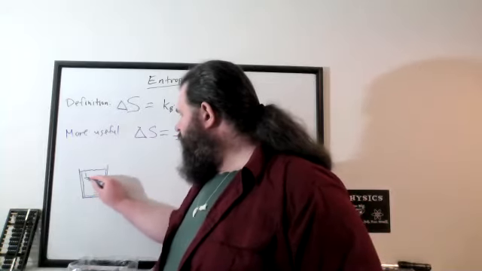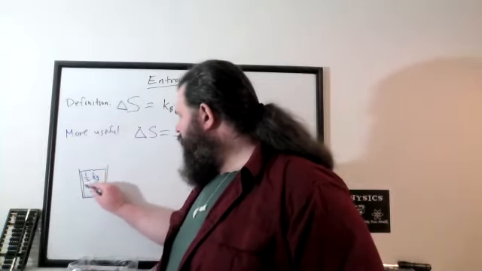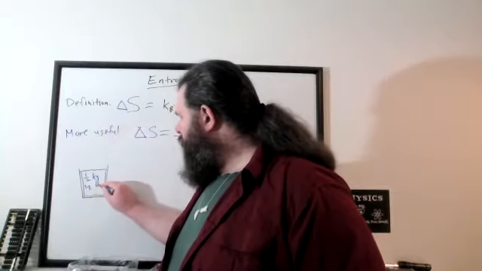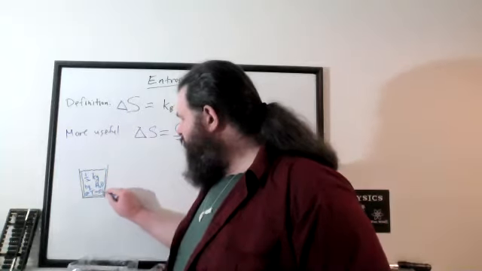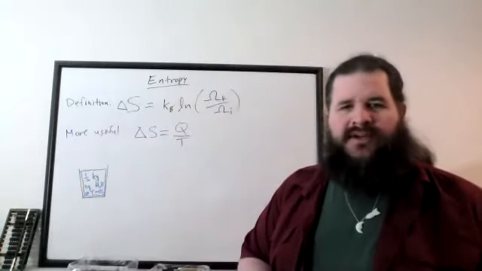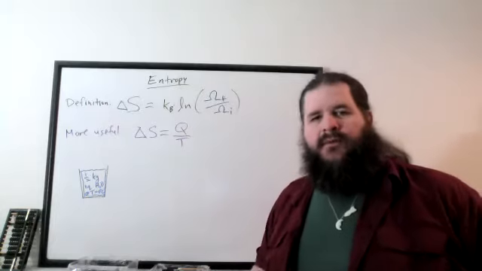Let's say half a kilogram of liquid water. And for simplicity, let's say it's already at the freezing point. Temperature equals 0 degrees Celsius. And you want to freeze it. It's already at 0 degrees.